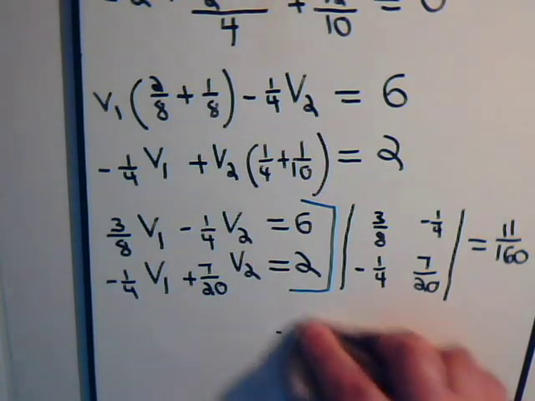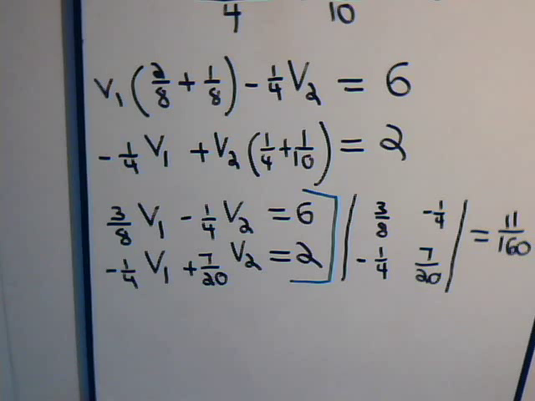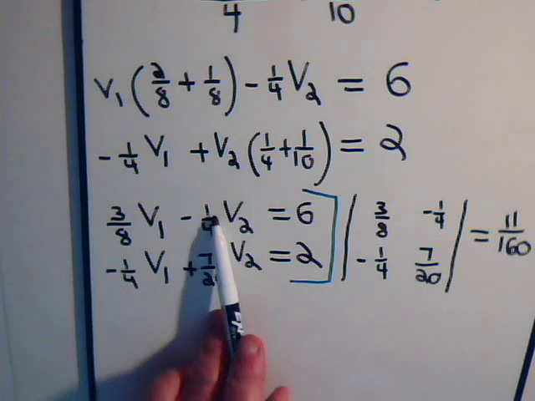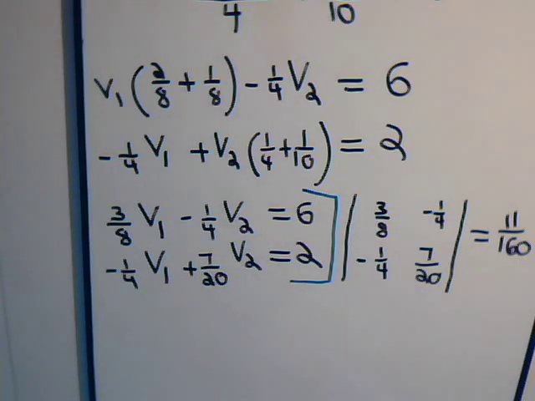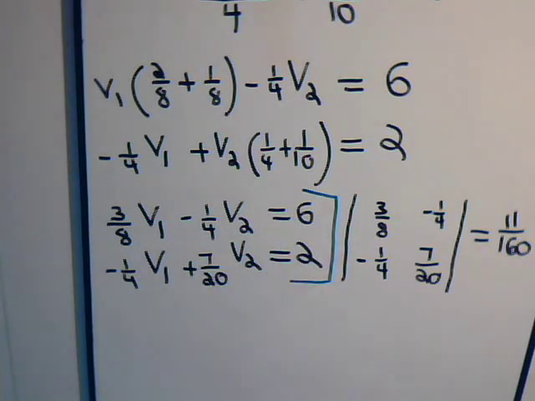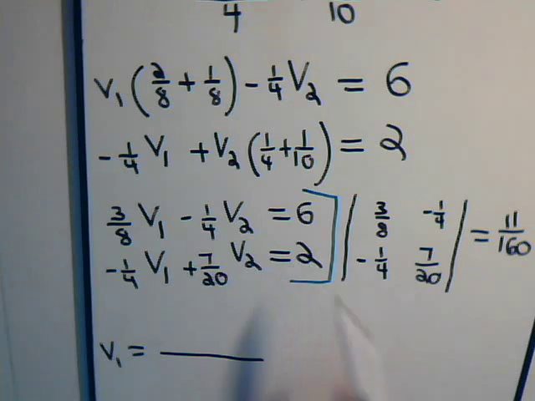Now, let's determine V1. Again, we have these two columns here and here. Actually, we have three columns to think about now. This column of two numbers, this column of two numbers, and this column of two numbers. Now, to determine the value for V1, we replace this column with this column.